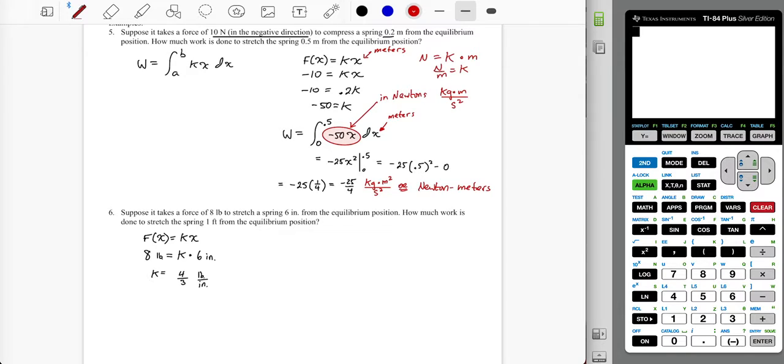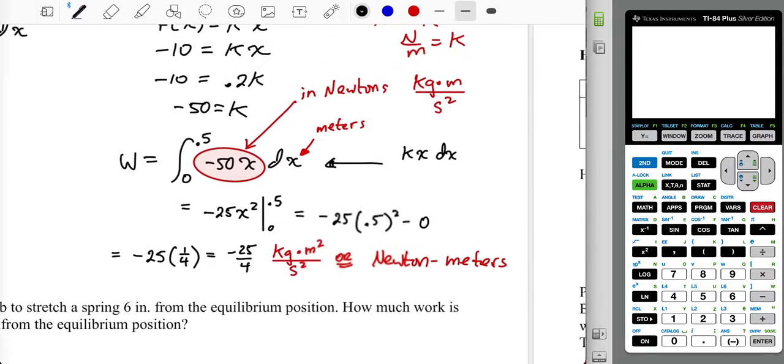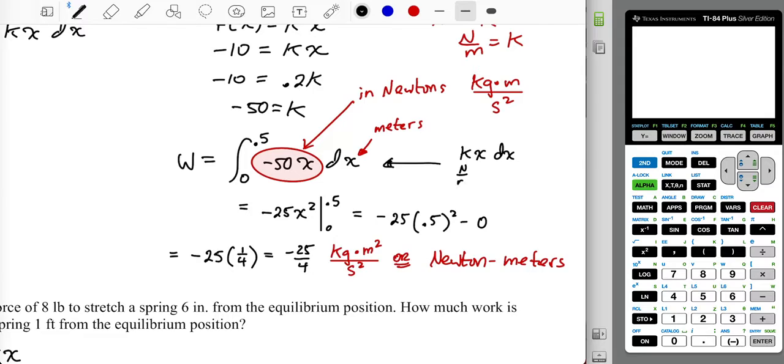But that being said, it also fits nicely when solving for k. If we have kx dx, we know we're looking at newtons per meter times meters times meters.